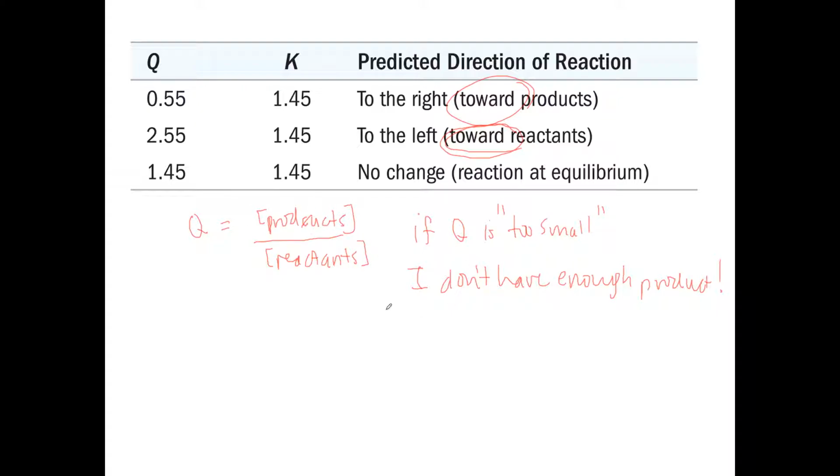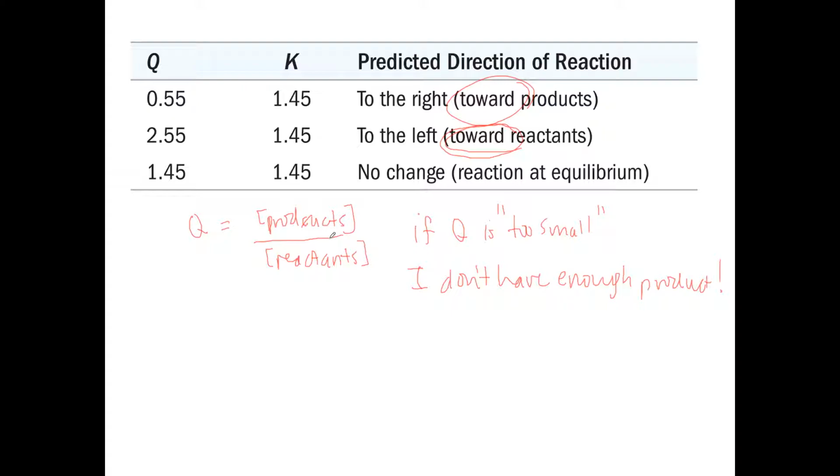And when I say just the right, of course, I'm assuming that I want equilibrium. That's something to be desired. And of course, with the systems we're talking about, we're typically treating equilibrium as if it's the end goal. So if Q is equal to K, that means my products and reactants have just the right amounts in order to be at equilibrium.